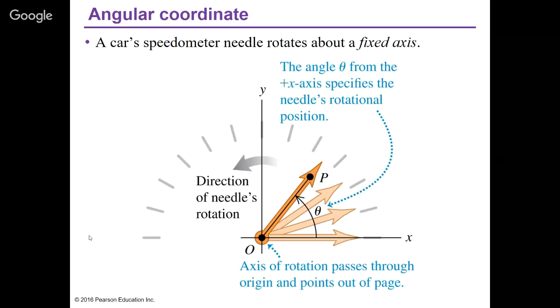So let's first define angular coordinate. That's how we define the angle while something is rotating. Here we're giving an example of a car's speedometer needle that rotates about a fixed axis. We're assigning the plane where the needle lies as the x-y plane.